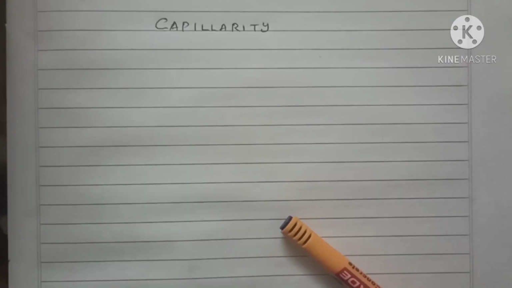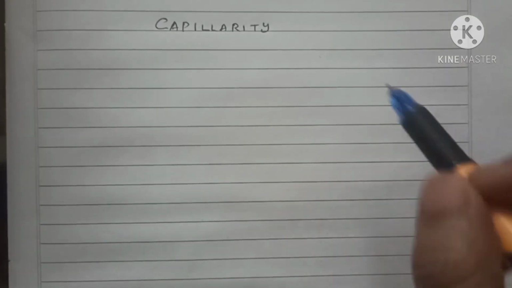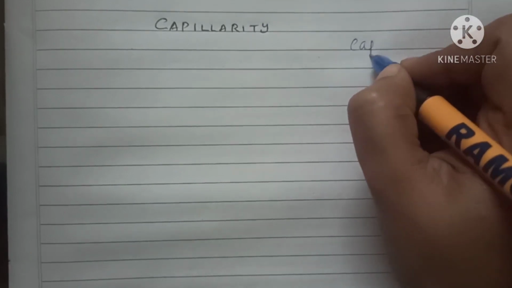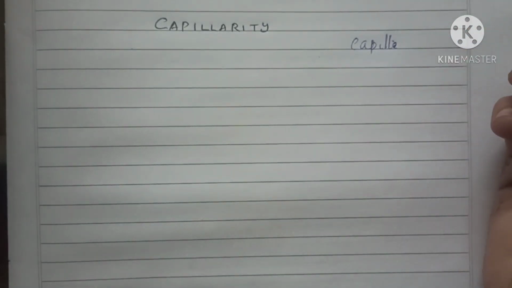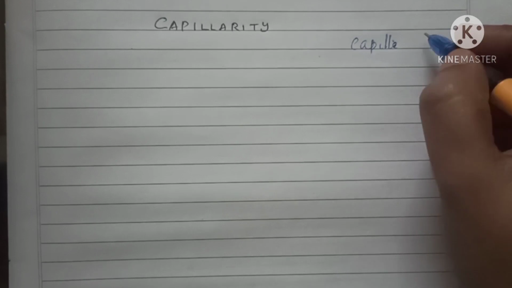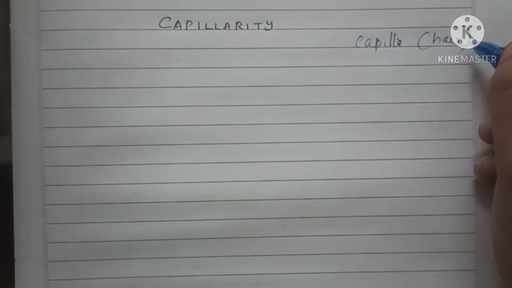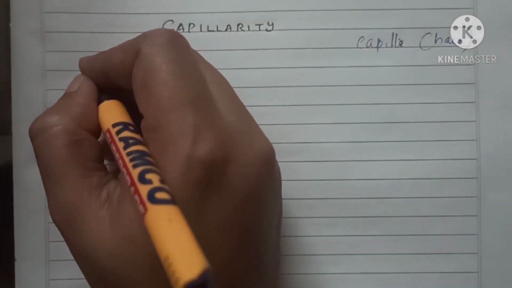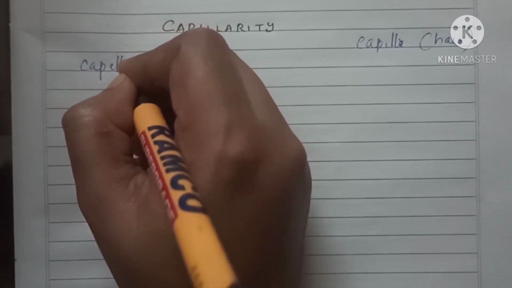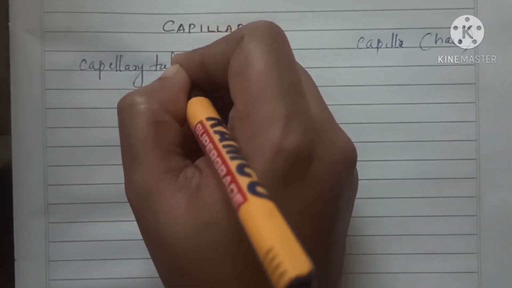So the next term is capillarity. Here the term capilla, C-A-P-I-L-L-A, the term capilla means hair. Okay, it is a Latin word. Capilla means hair. And capillary tube is what you first have to study. What is a capillary tube?